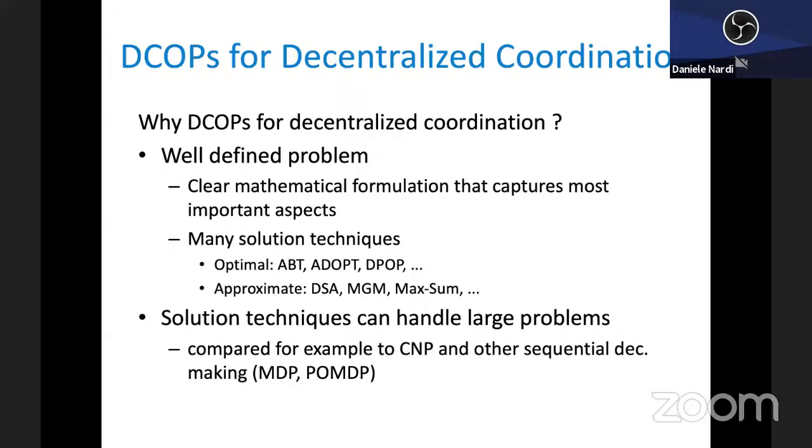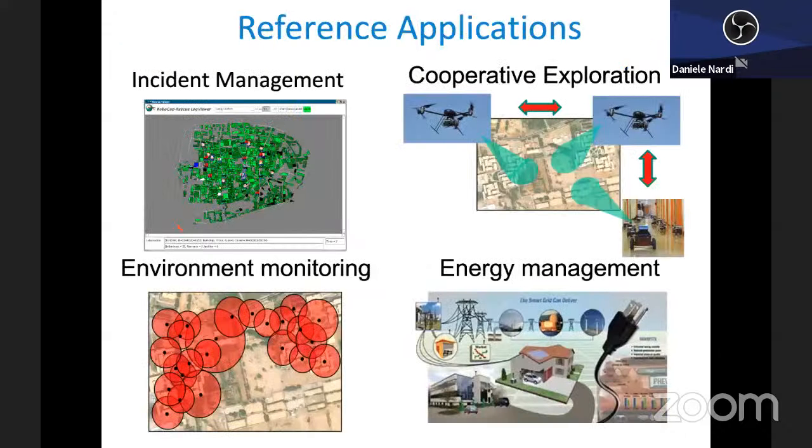There are many such exact solutions, and we are not going to talk about them, but you can find in this chapter at least some information about approximate solutions. So if you want to dig into this topic, this chapter is really a good starting point. And what about real applications? Well, I mentioned already fire extinguishing, which more generally can be seen as incident management. This problem has been studied for tasks of cooperative exploration or for tasks of environment monitoring.